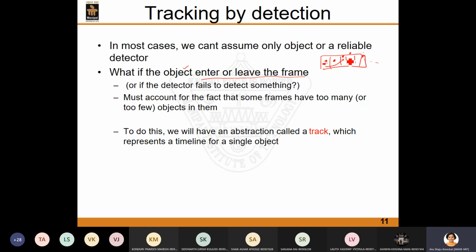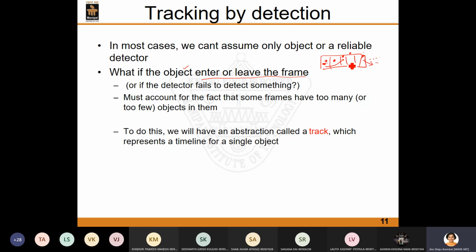Here the object has moved out of the video sequence, so the trajectory cannot be continued. But when it comes back, the detector should be able to detect that it is the same object which has come back, and then the calculation of the trajectory with the subsequent video frames is done.